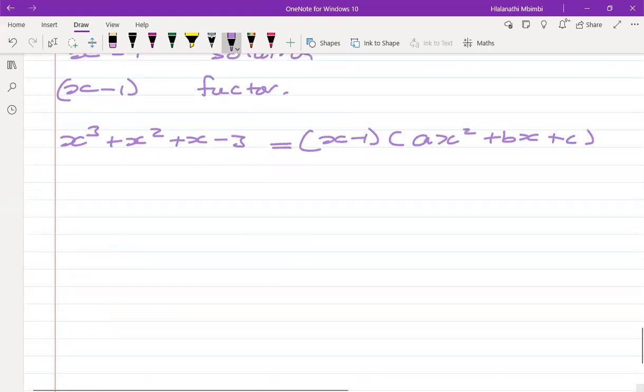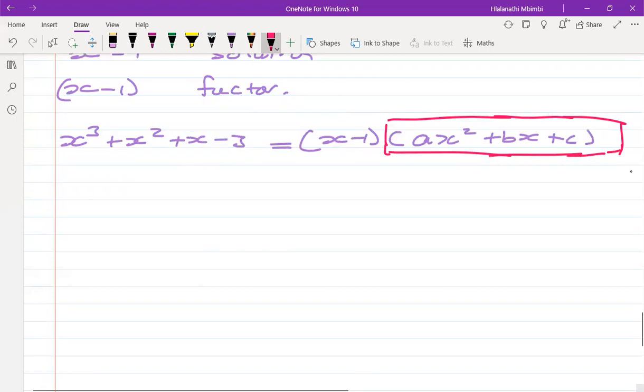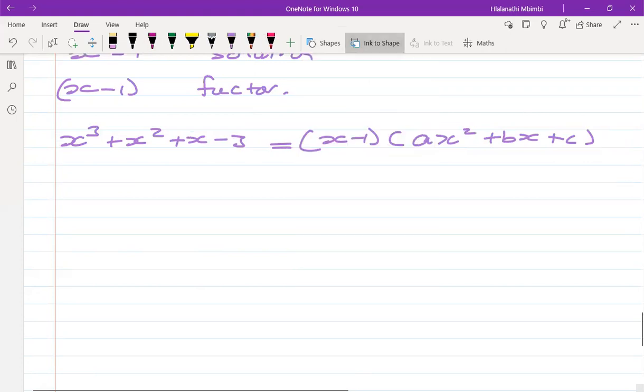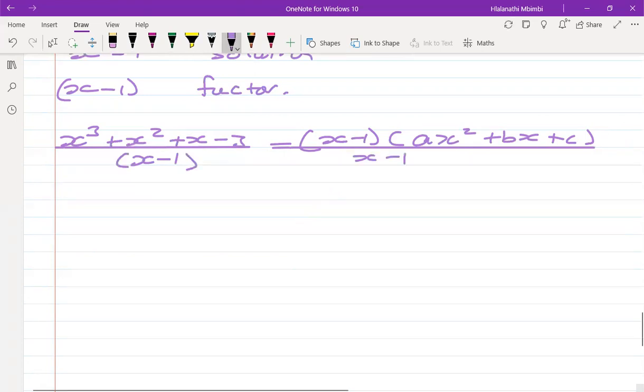We want to know what this quadratic going on here is. So I'll actually write it much more clearly this time. We will divide both sides by x minus 1, and as a result, that would cancel that.